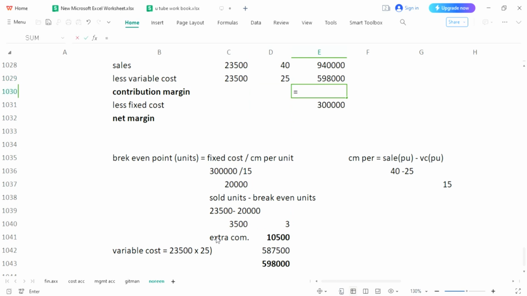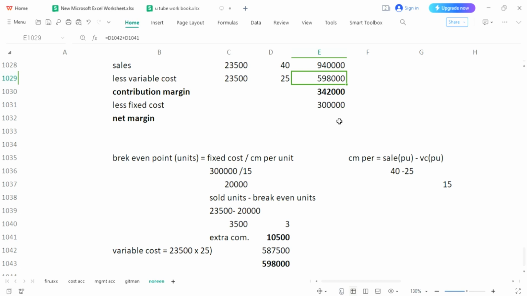Now we are ready to calculate our contribution margin by subtracting variable cost from the sales. This is your sales; subtract the variable cost, which is 598,000. This way, you have calculated your contribution margin. And now we are going to calculate our net margin, which is the difference between contribution margin and fixed cost.